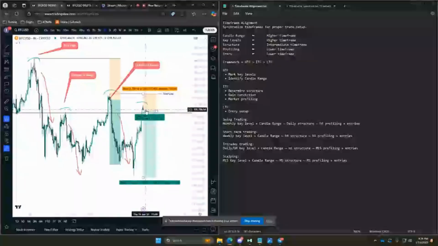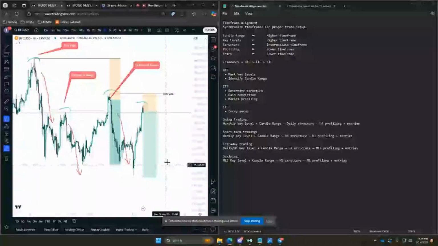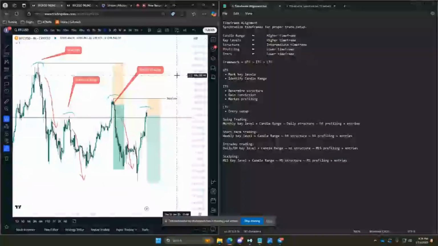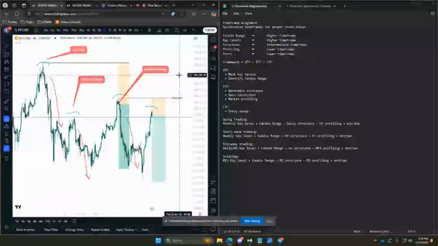And then we know what we stand to gain. But at the end of the day, once we build the model and we execute, we have to just let time unfold. So that's how you use the lower time frame to model an entry.